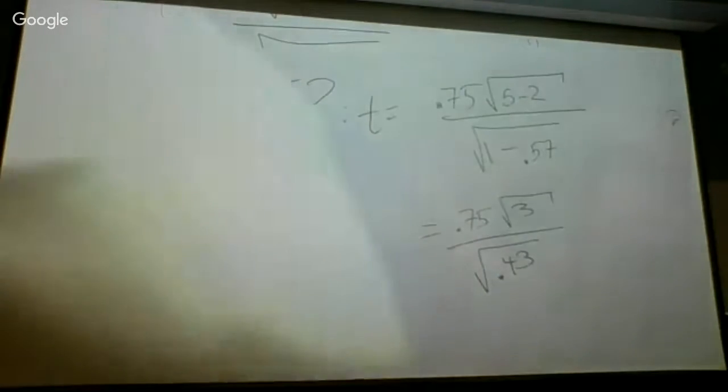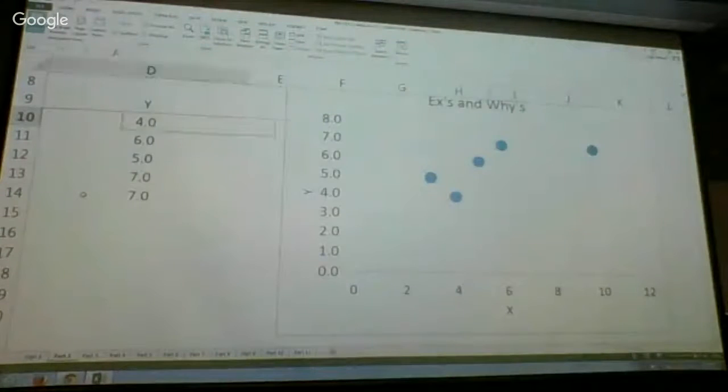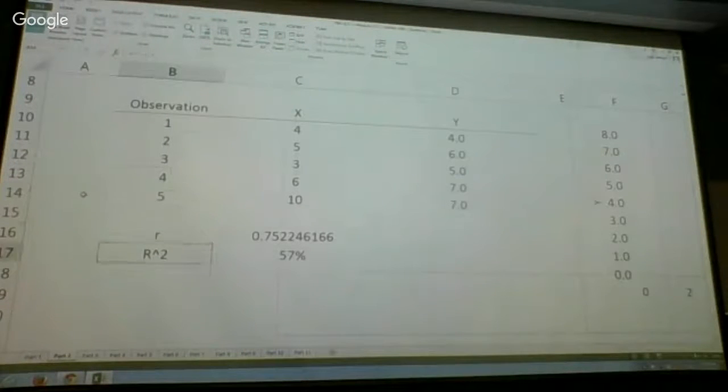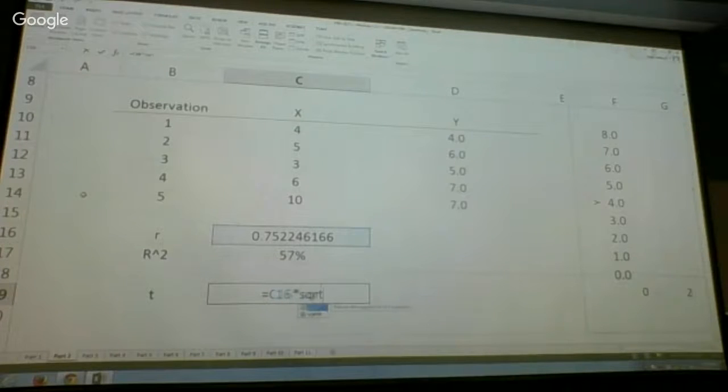Looks like a mess. Why don't I use the computer? T equals R times square root of 3, because it's n minus 2, divided by square root of 1 minus R squared. Double check.